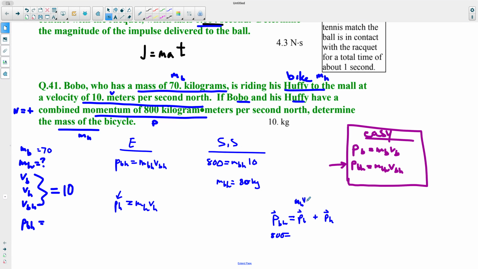I know this font is not great, my writing. So listen to the words. And mass of Bobo is 70, velocity is 10. So that would be 700 plus momentum of the Huffy. Clearly that's 100. And so if you were to do it this way, you would have had 100 equals the mass of the Huffy times its velocity of 10, and you would have gotten 100 divided by 10, 10 kilograms either way.